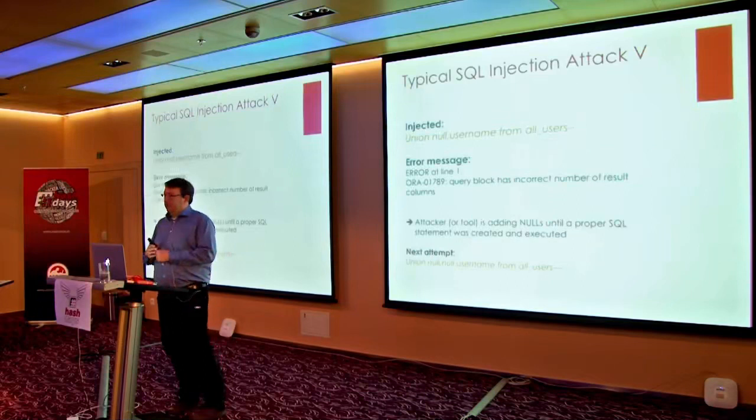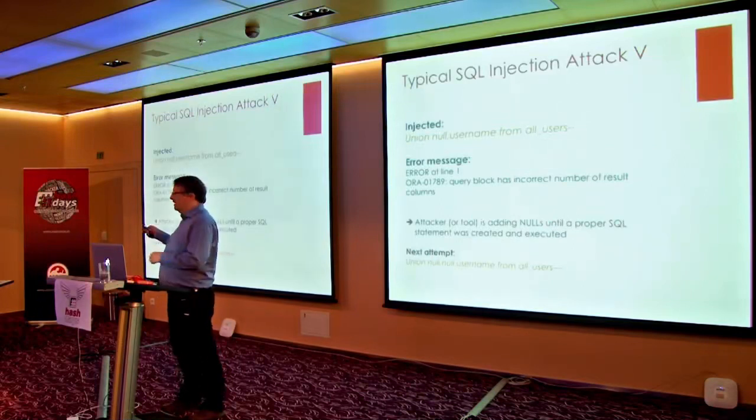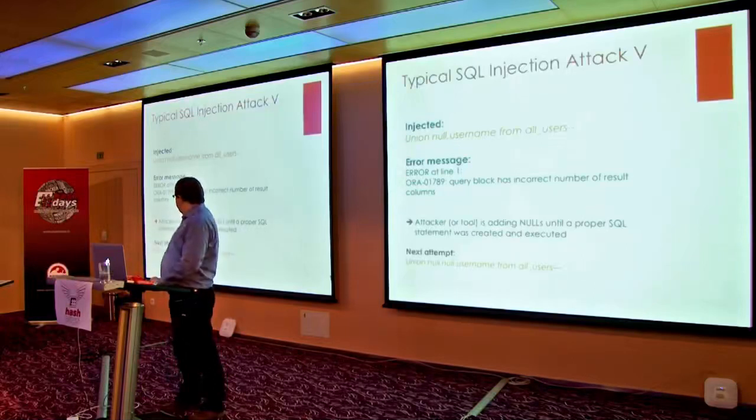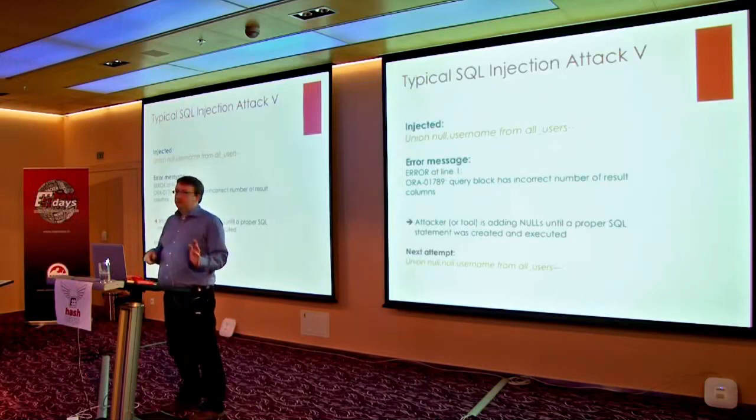But typically, the next step is not that I'm getting the result. The next step is I'm getting an error message: query block has incorrect number of result columns, if I inject this one. So the attacker or the tool knows we have to add additional columns. So now you are appending null until this error message disappears.